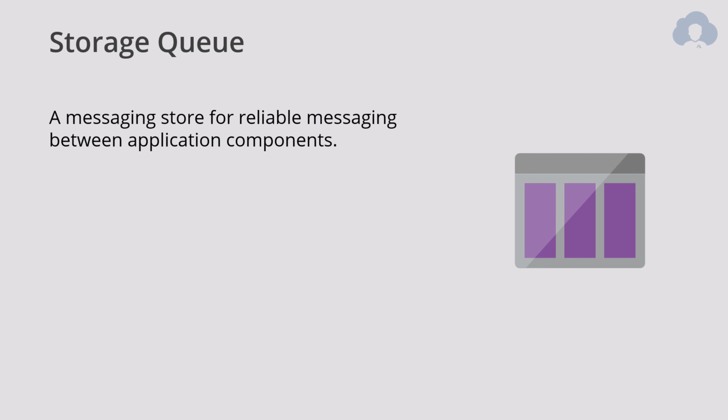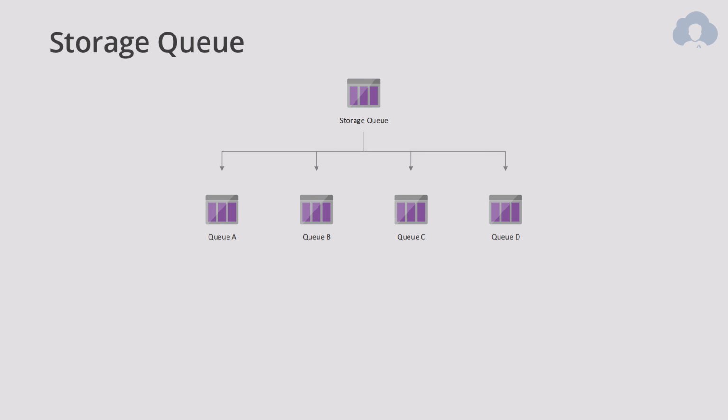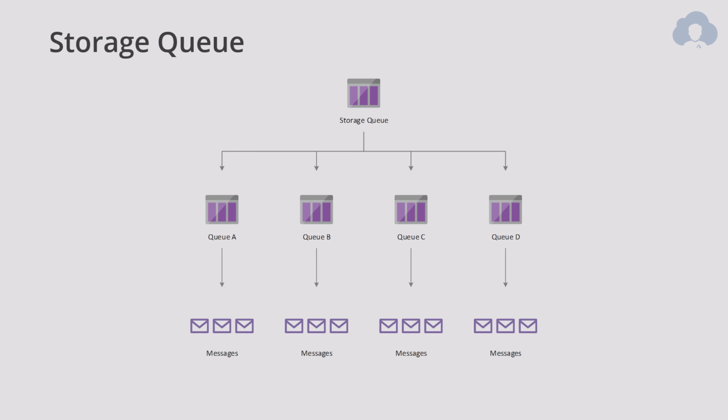The next one, you have storage queues. Storage queues is a middleware kind of service because it's delivering cross-service communication through messaging and events. Storage queues are separated into queues, and each queue consists of multiple messages. There's no more than this in this service. It's just a simple messaging service.